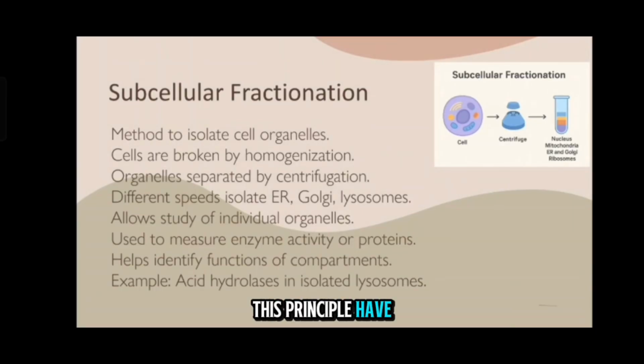The principles are very straightforward. Organelles of different sizes and densities will sediment or settle at different rates when subjected to centrifugal force. At a low speed, the heaviest structures like the nucleus settle at the bottom of the tube. It is called the pellet. If we increase the speed a little more, the next fraction, mitochondria and lysosomes, get separated.